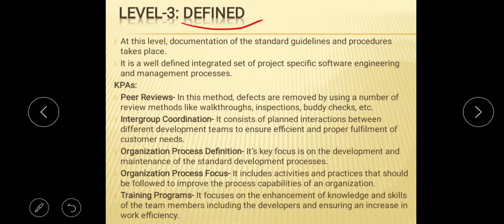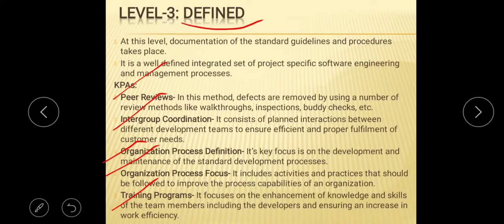Now, the KPIs present in this defined level or level 3 are peer reviews, intergroup coordination, organization process definition, organization process focus, and training programs.